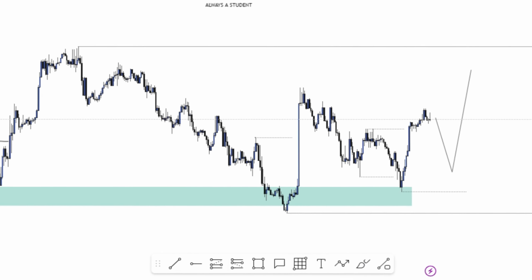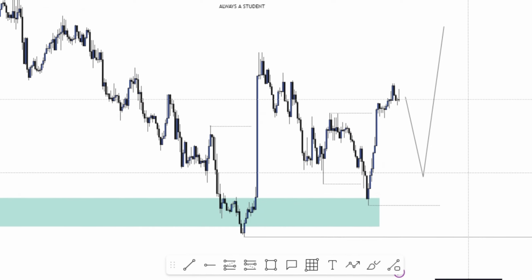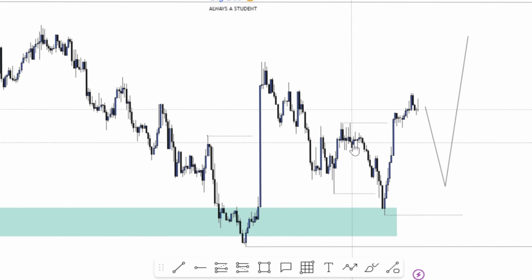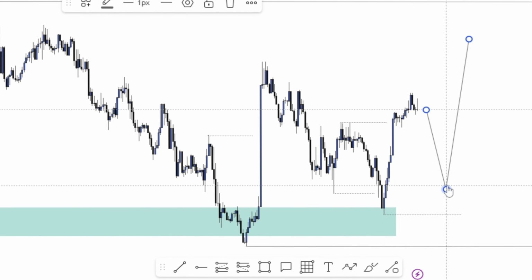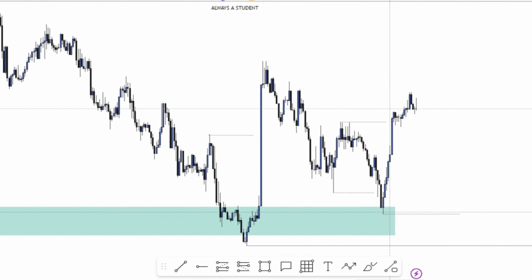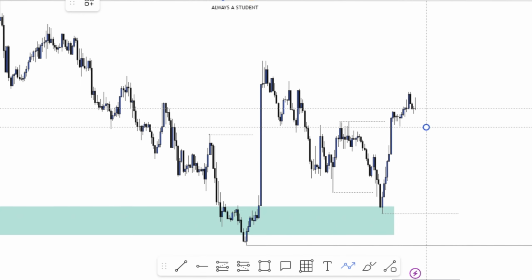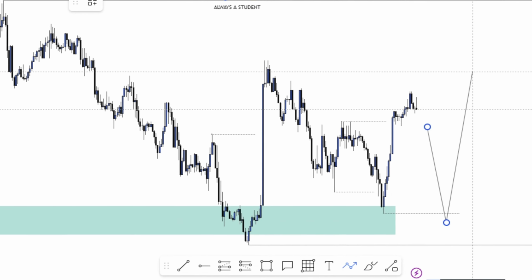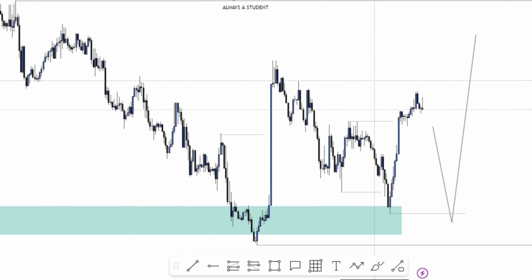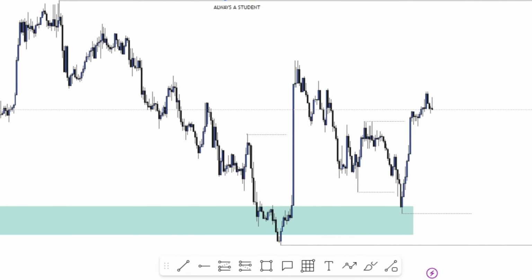So in that case, I would say that if the same thing has happened here, then it's very likely that market would also do what? Take out these lows before continuing.